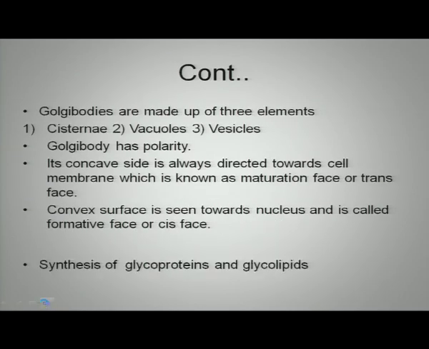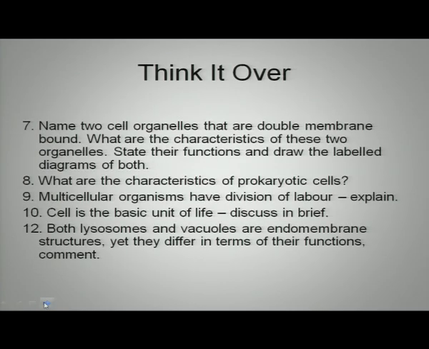Now here are some questions for you to think and answer. Name two cell organelles that are double membrane bound. What are the characteristics of these two organelles? State their functions and draw the labeled diagram of both. Next question, what are the characteristics of a prokaryotic cell?